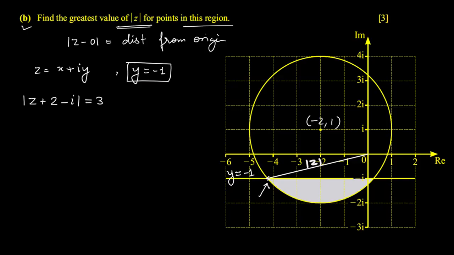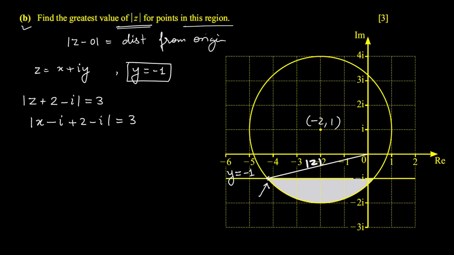So if we plug this value in, z is x plus iota y. So we can write x plus iota y plus 2 minus iota equals 3.